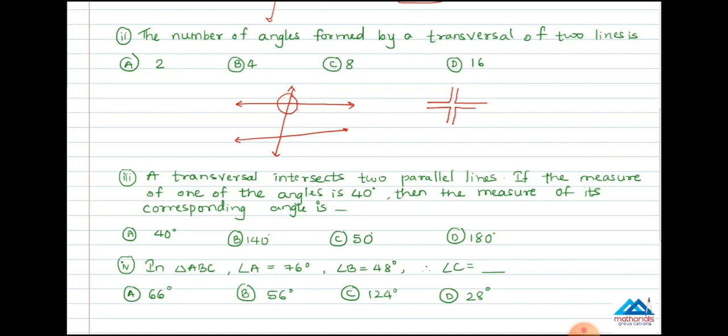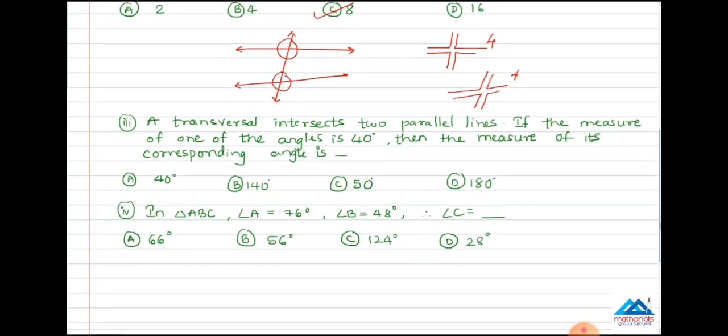Similarly, on the lower side we also get 4 angles. So, upper side 4 and lower side 4, that means total 8 angles. So here option C is correct.